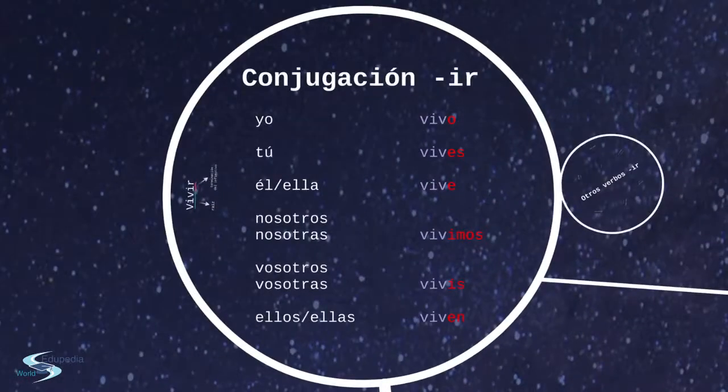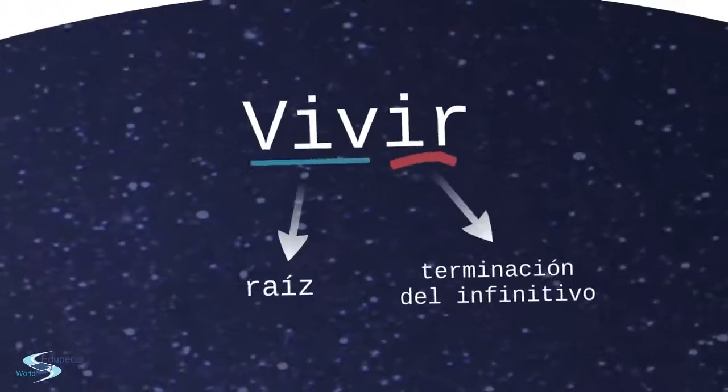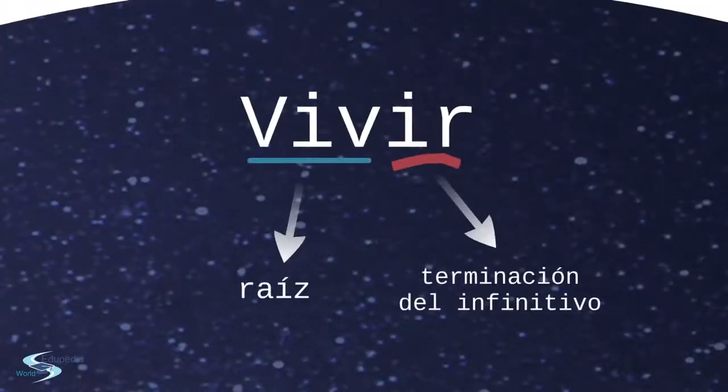And finally, how to conjugate the verbs ending with ir, such as vivir. Again, we take off the ir part, the terminación, the ending, and we have the stem, la raíz, viv, and we'll conjugate with that.